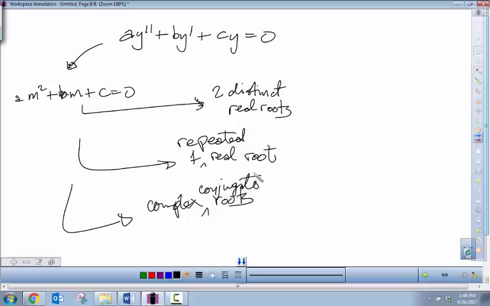We get two distinct real roots, then your roots are, let's say, r1 and r2. Then if m is equal to r1 and r2, your solution to the DE is going to be y1 equals e to the r1x, and y2 equals e to the r2x. That's pretty straightforward.